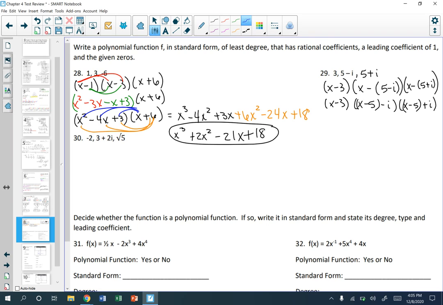Because then when I FOIL this, I get x minus 5 squared. And then notice these are conjugates, so all of our middle terms are going to cancel, but I'll write those out so you can see that. We get x minus 5. And we get negative x minus 5i.